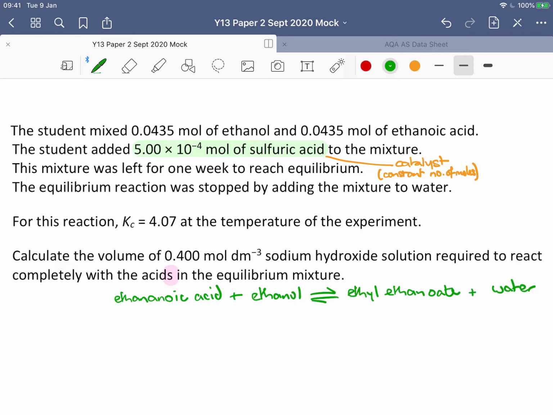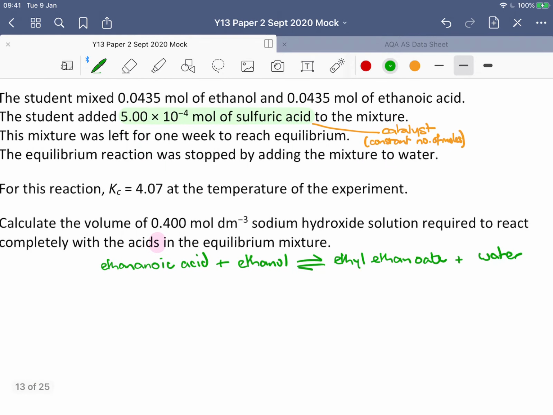Okay, and then our ICE table. I stands for initial, so that's our initial moles. C stands for change, and then we've got equilibrium, so the moles at equilibrium.